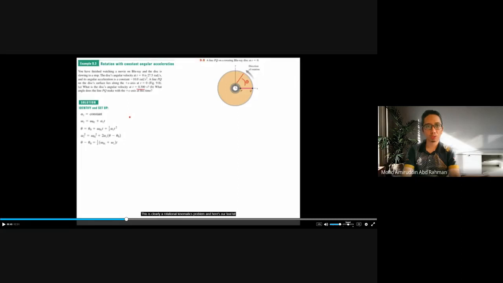Because we want to know the angular velocity, we have the equation with the initial angular velocity, that is omega z and omega naught z. As defined here, we have omega z equals omega naught z plus alpha z times t.